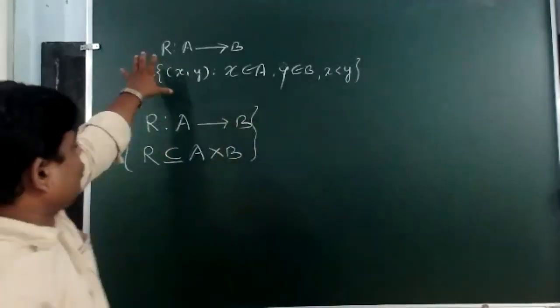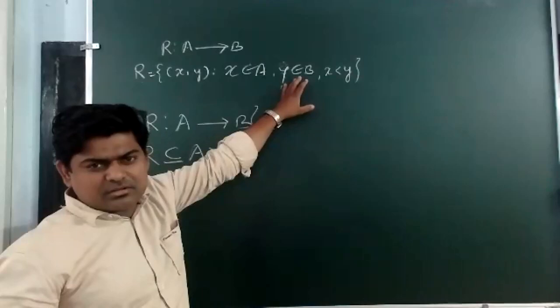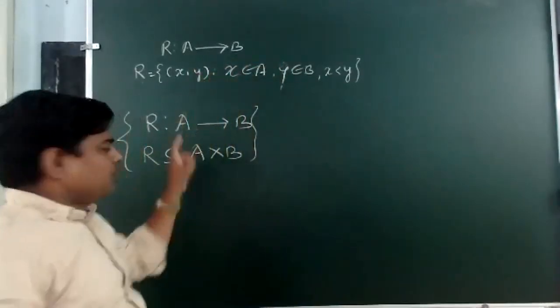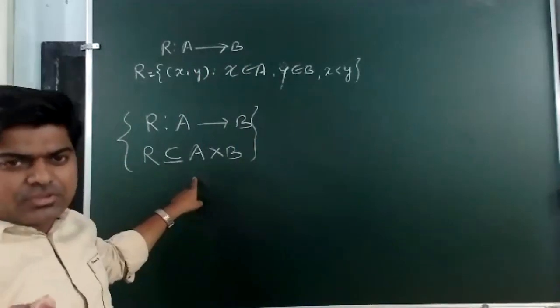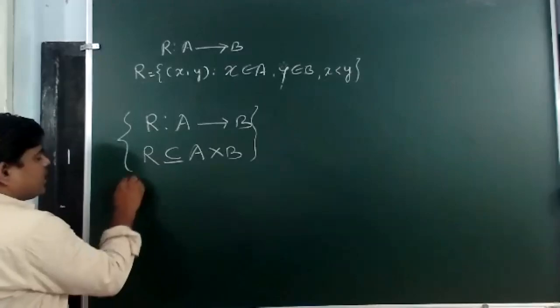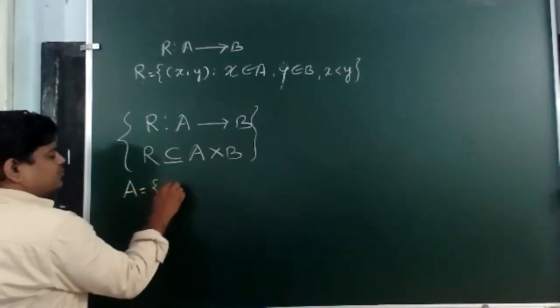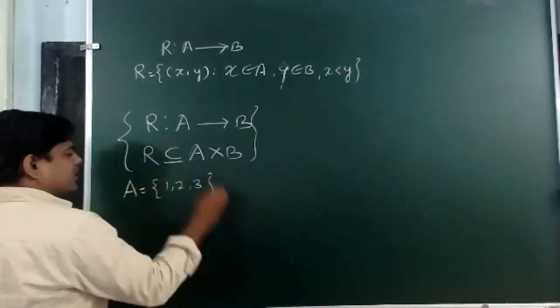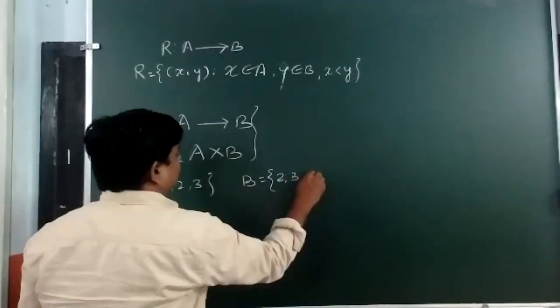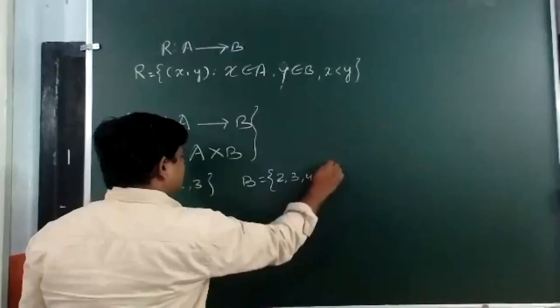Whatever I told you in the starting, now I am going to verify these things with the help of one example. Suppose I have a set A, it is 1, 2, 3. Another set B, it is 2, 3, 4. I may write 5 also, no problem.